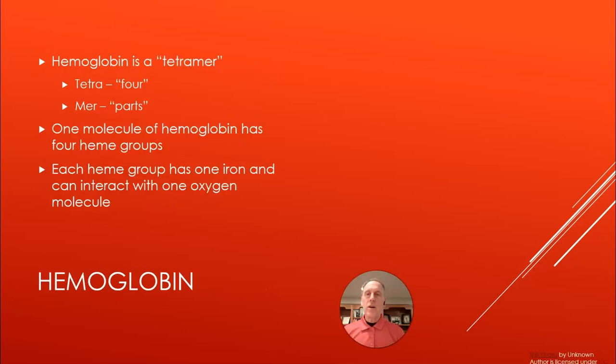And this binding itself is what allows the tipping point to have more oxygen ride on board with a hemoglobin. So the hemoglobin is what's called a tetramer. Tetra for 4, and then mer is parts. So it's literally made up of 4 main parts. And you have 4 main little heme groups, and each heme group, like I mentioned before, has one iron that can interact and connect with the oxygen molecule.